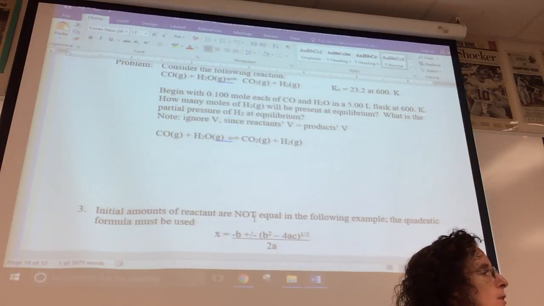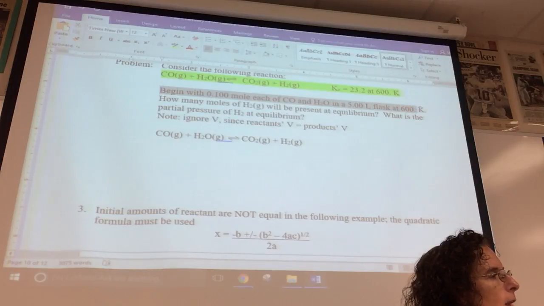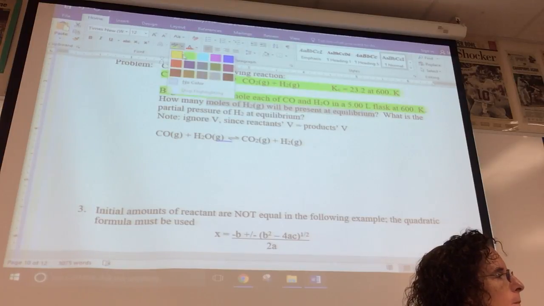It says, consider the reaction shown here. Begin with 1 mole each of the reactants in a 5-liter flask at 600 Kelvin. We want to know how many moles of hydrogen gas at equilibrium.